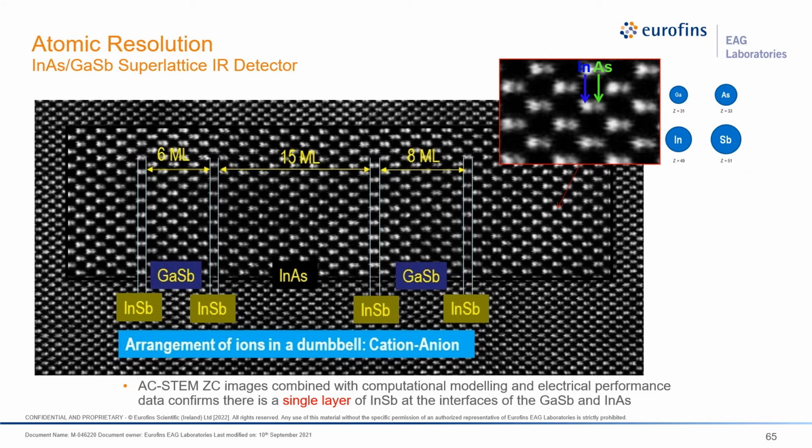For example, in this case, you see that in the indium arsenide, one side of the column is actually a little bit brighter than the other side. So basically it means we can determine the polarity of the group 3 element of the compound semiconductor, group 3 on the right side or left side. So you get this very important information.